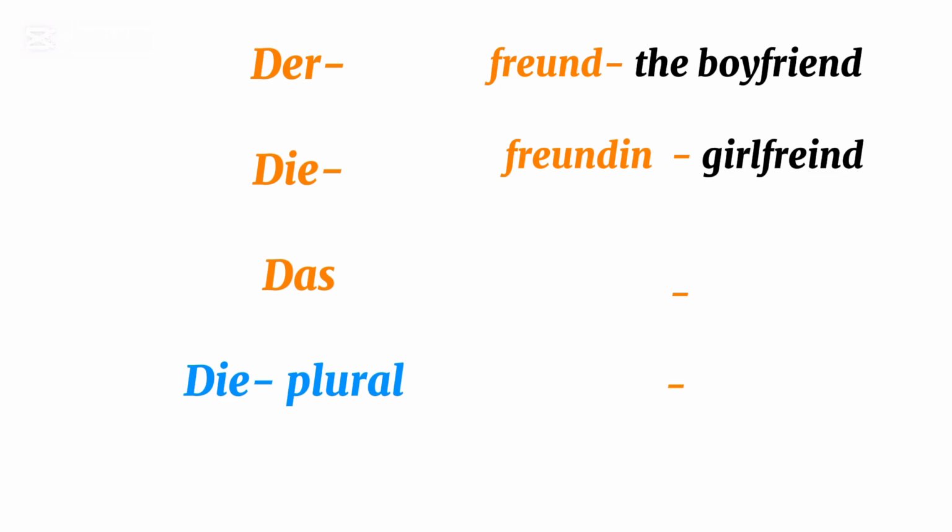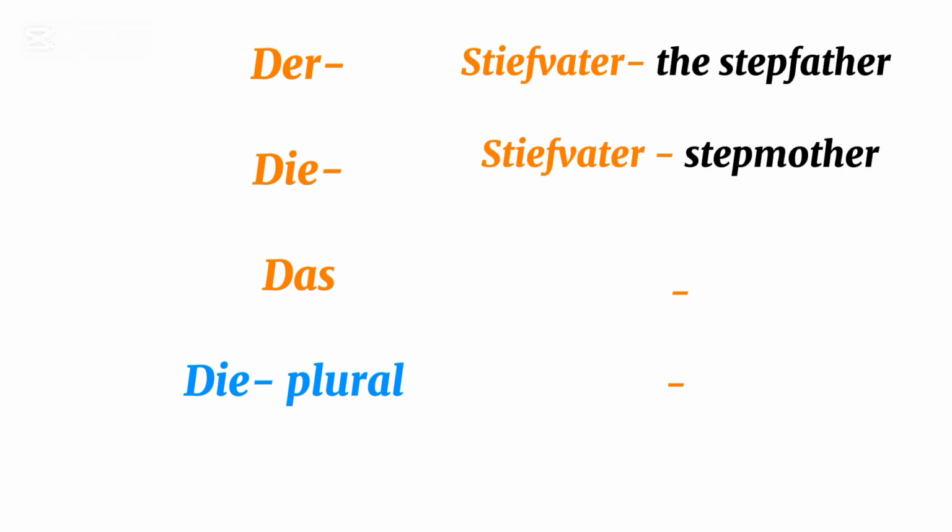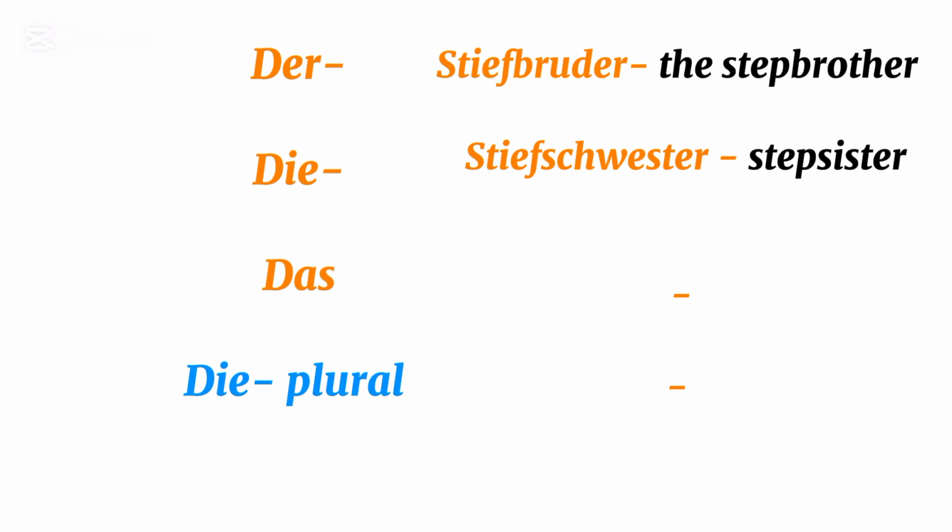Now let's proceed to step family. Stepfather is called Stiefvater. Step means Stief. So you'll just replace with the person. So if it's a father, you say Stiefvater. Stepmother, Stiefmutter. Stiefbruder, stepbrother. Stiefschwester.